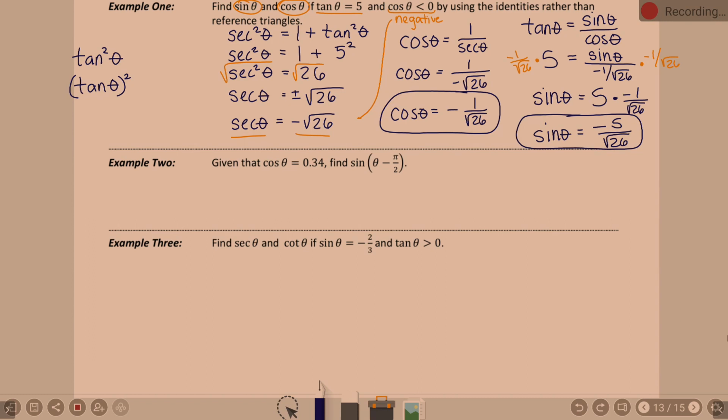What do you notice in terms of identities? Scan your identity page. No? This, co-function. Okay. Does this remind you of a cofunction identity?